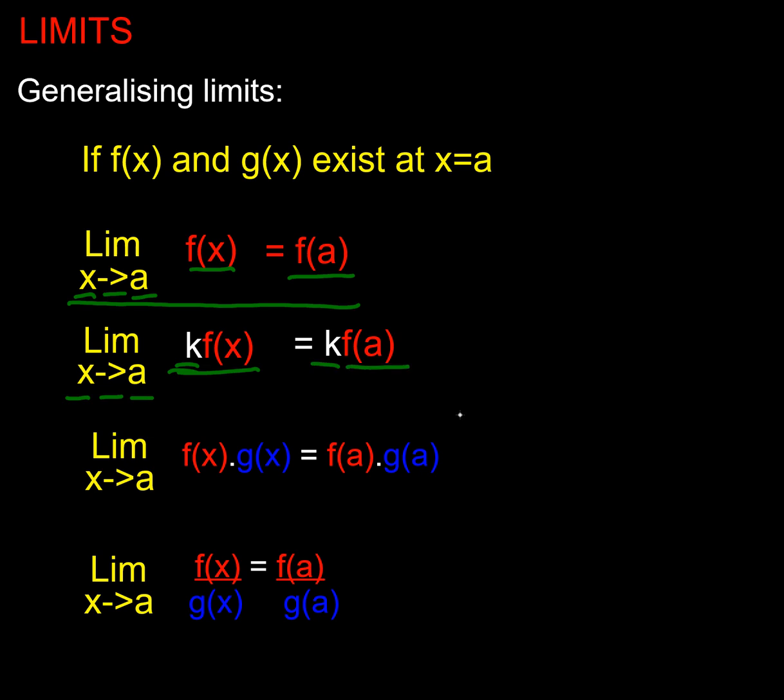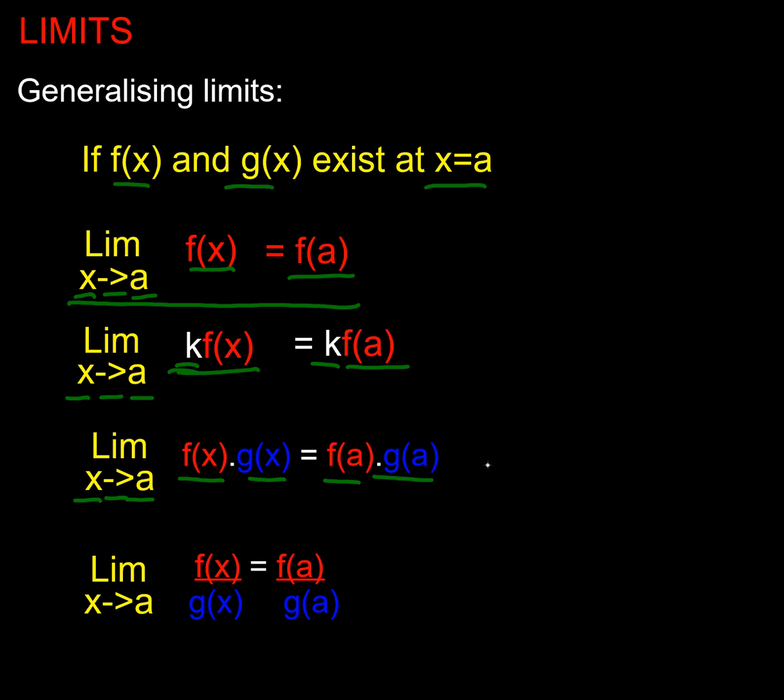Pretty straightforward, eh? Also true then is if I've got two functions and these functions exist at x equals a, they've got to have a value, that the product of f of x multiplied by g of x, the limit of that as x tends to a, is just going to be f of a times g of a.